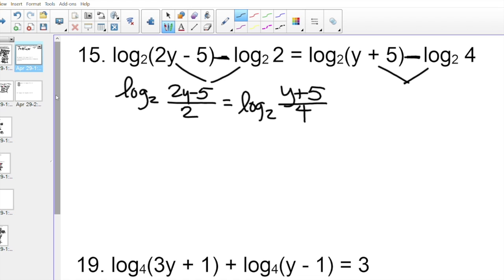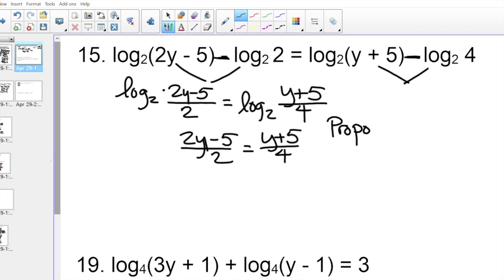Now we're back to rewriting it without the logs. This is both sides, you see. Now, we have a name for this type of problem, and I hope you remember your little bit of algebra, or rather geometry, when we started talking about proportion.